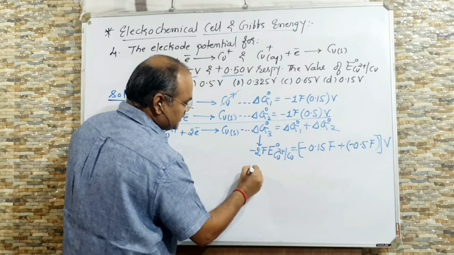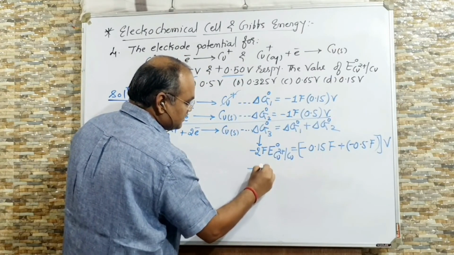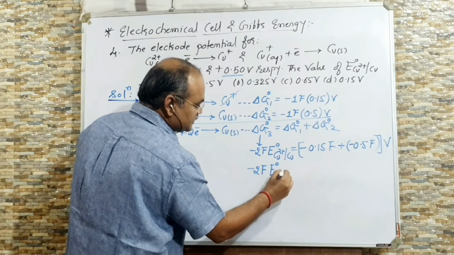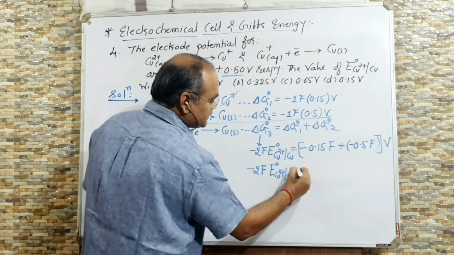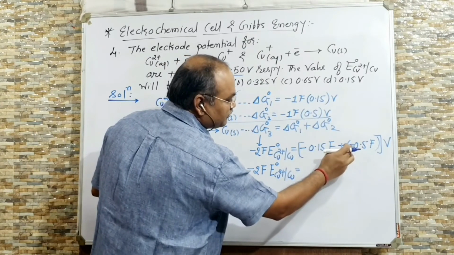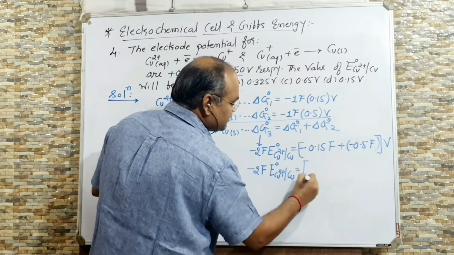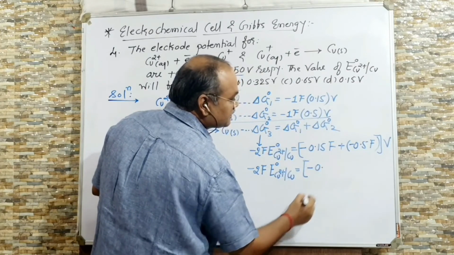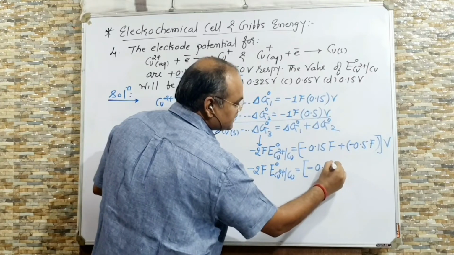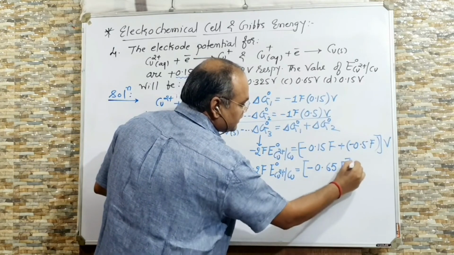So now this will be equal to minus 2F E0 Cu2 plus oblique Cu is equal to, now minus 0.15 Faraday minus 0.5 Faraday. This will be equal to minus 0.65 Faraday volt.